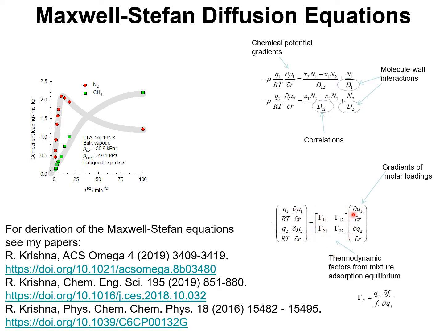For a binary mixture, we have a two-dimensional matrix with 4 elements: gamma 11, gamma 12, gamma 21, and gamma 22. The elements of this matrix can be calculated from the molar loadings Qi and the partial fugacities fi and fj of the component species in the bulk fluid mixture.